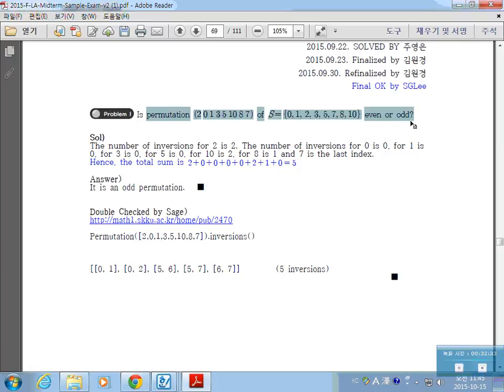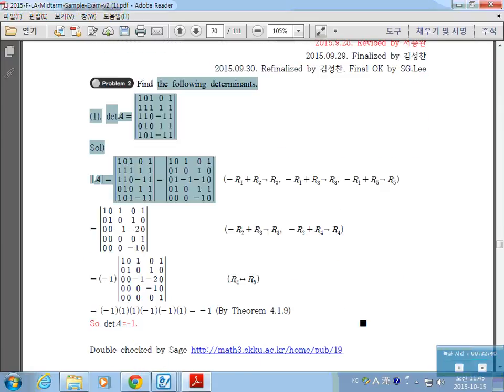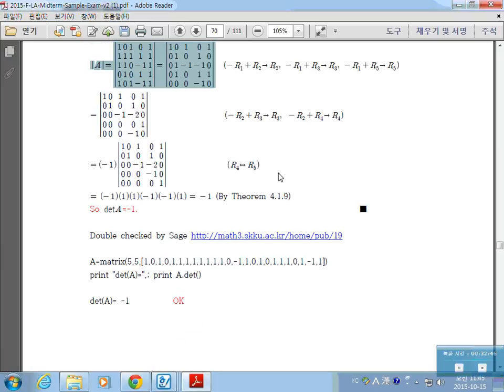know the even permutations and odd permutations. And you should be able to find the determinant of a small size matrix by hand, and also you should be able to find the determinant of a large size matrix.